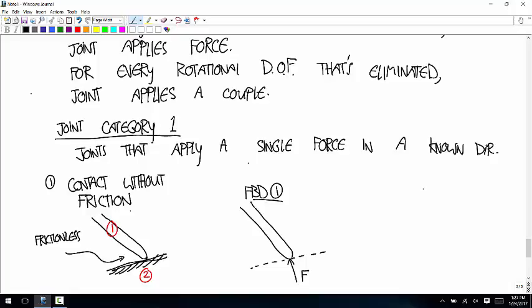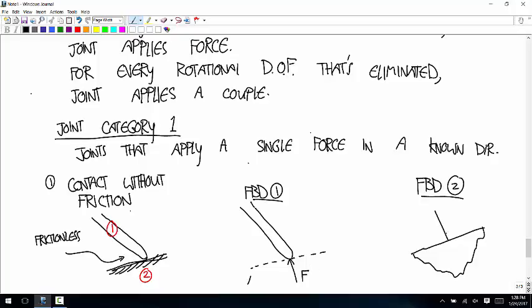And then if you want a free body diagram of body 2, so let me just isolate a chunk of the ground. Newton's third law says that force on the chunk has to be equal and opposite to the force the chunk applies to the body.